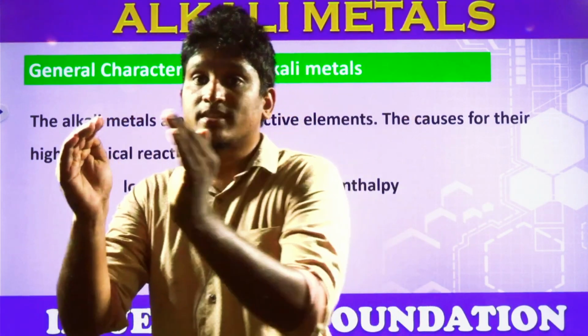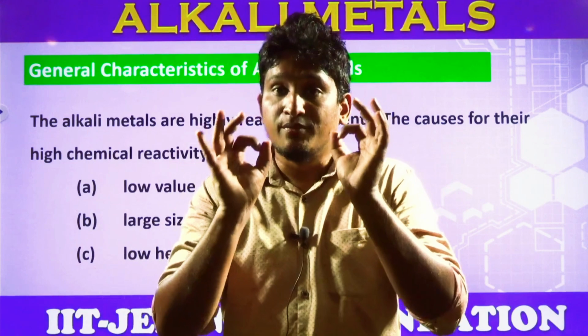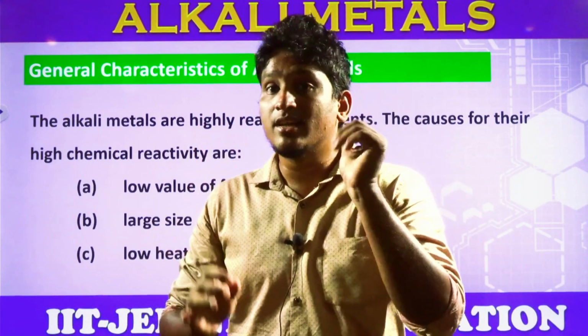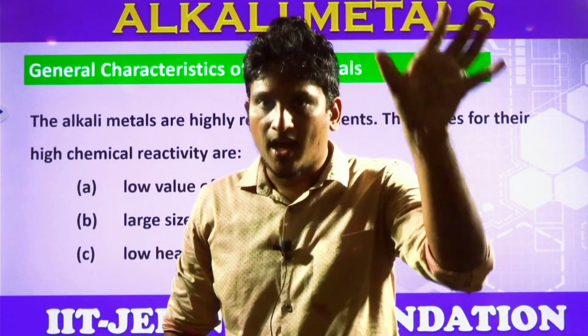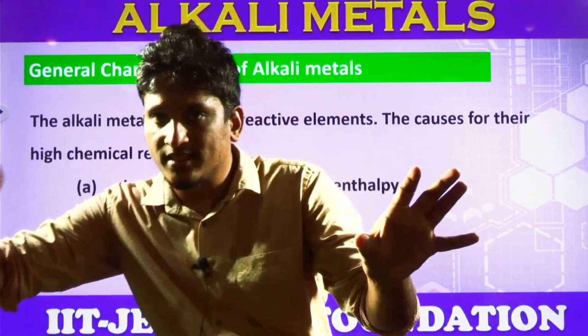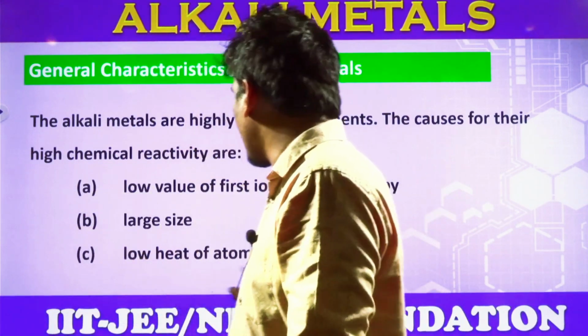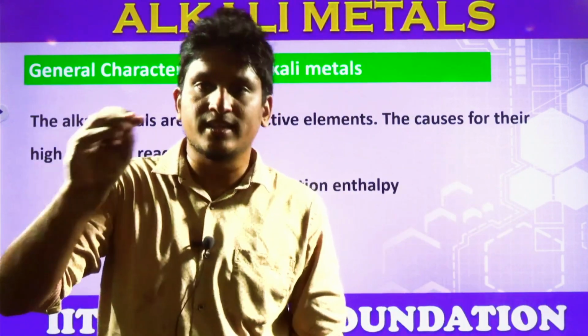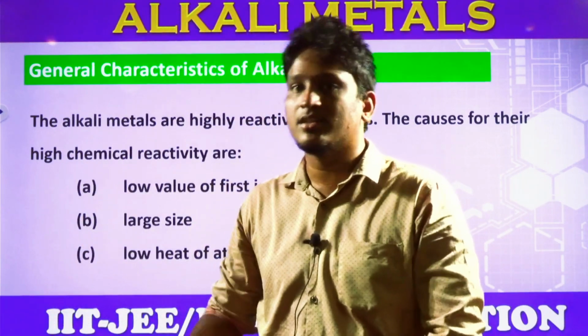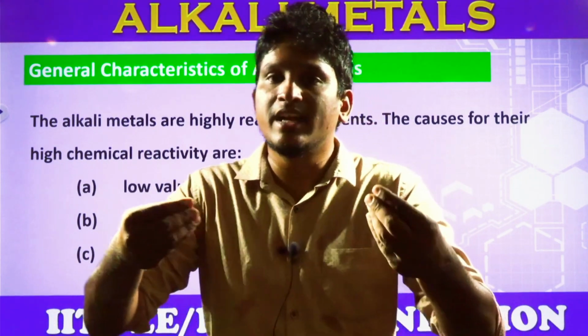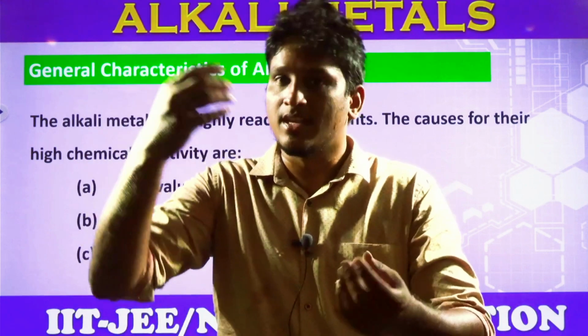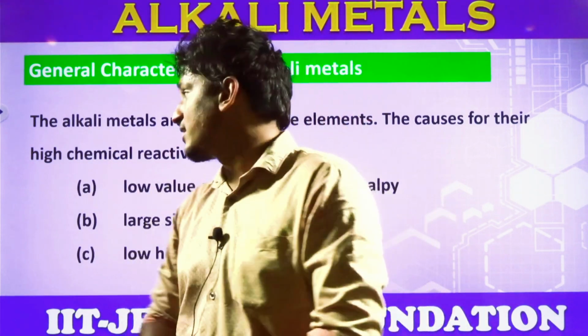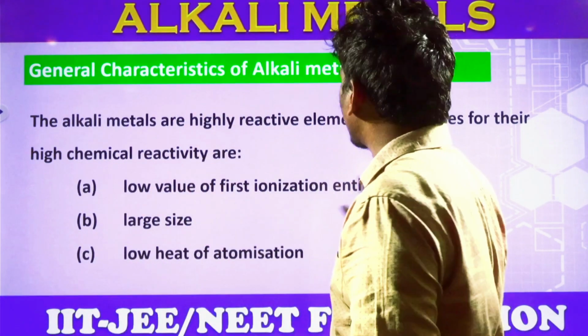Left to right atomic size is decreasing. That means which elements, period-wise, have the bigger size? Alkali metals. That's why large size, as well as low heat of atomization. Low heat of atomization, as we discussed in the photoelectric effect, means with limited heat energy only, they convert into gaseous atoms. That is called low heat of atomization. So these are the general points about alkali metals.